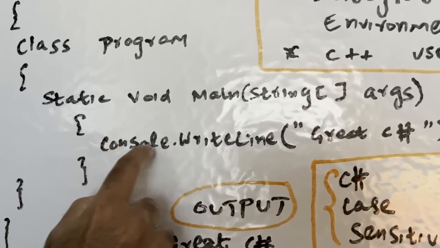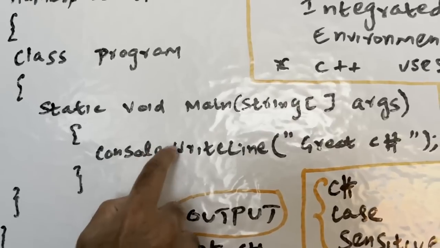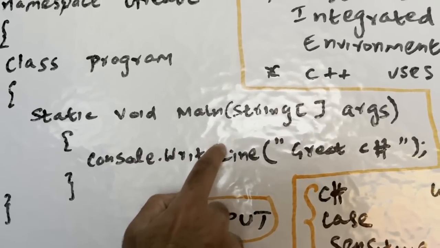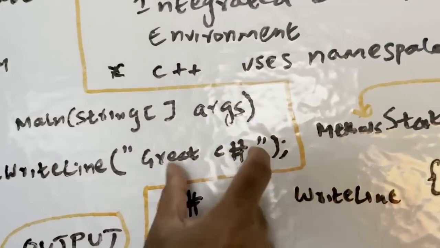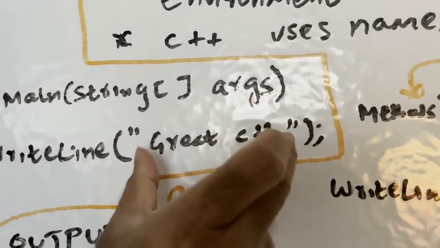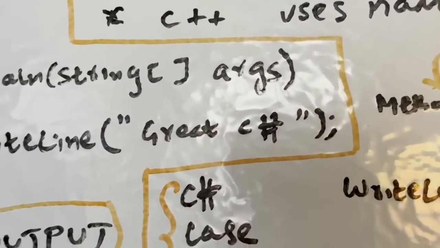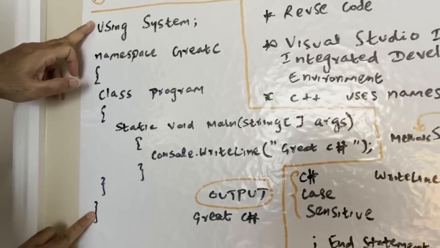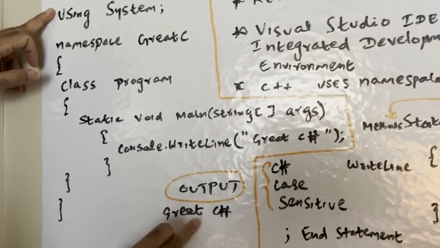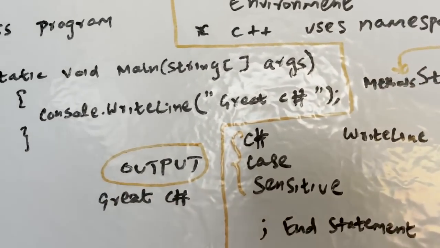Capital C, ONSOLE dot, capital W, RITE, capital L, INE. I'm saying Great C sharp, that's the C pound sign, that's the text I want to print. When you execute this program in a C sharp compiler, you'll get this output, Great C pound.